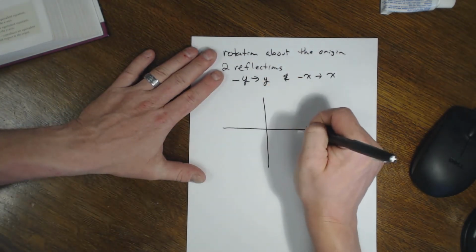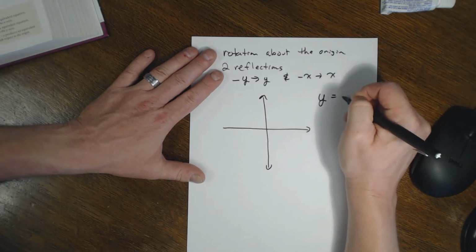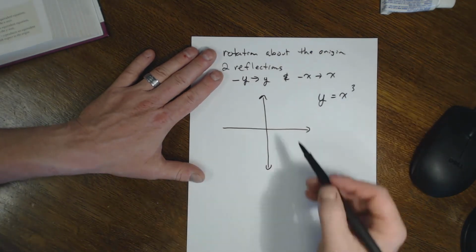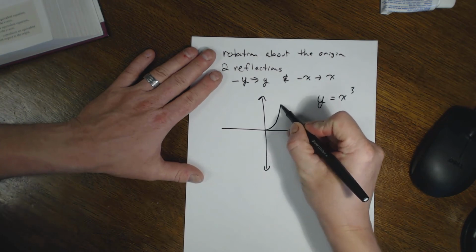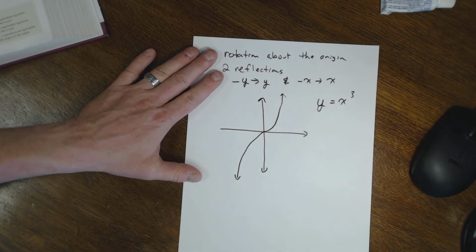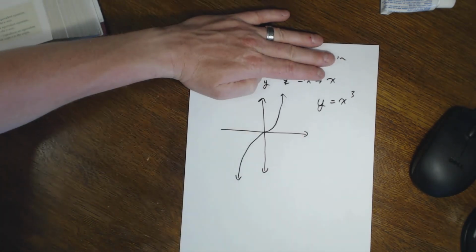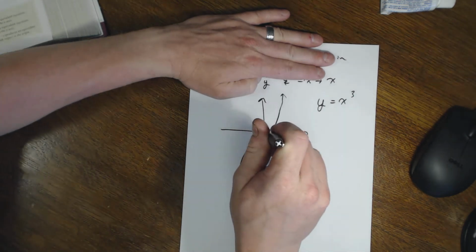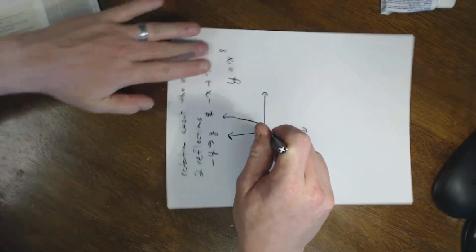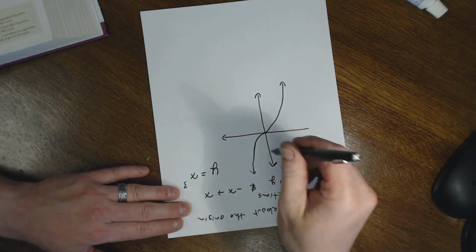For example, let's say I had the equation y is equal to x to the third power. And that looks something like this. If I take this point and rotate it 180 degrees, take a look, and then take another look. Essentially, I have the same picture.